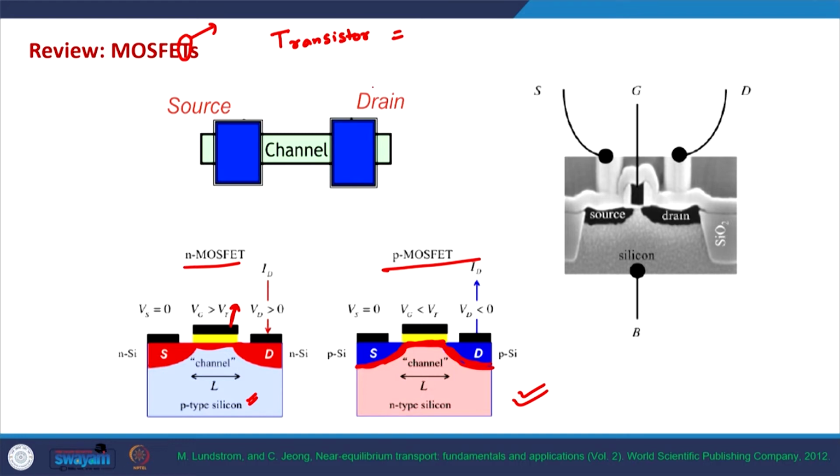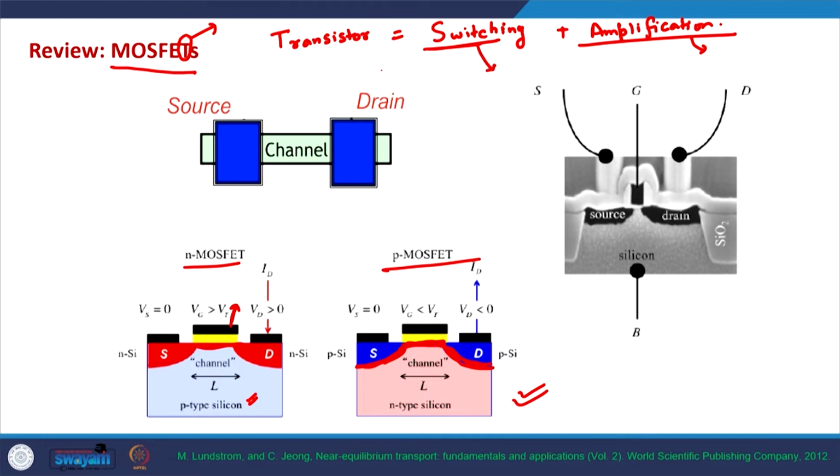Just a basic question for all of you to think about: what is a transistor? What is the basic functionality of a transistor? Let me quickly answer that. A transistor is a device which achieves two functionalities. One is switching and second is amplification. So we can switch the transistor on or off, in this case in MOSFETs, by changing the electric field, and we can also achieve amplification, and that makes it a transistor.